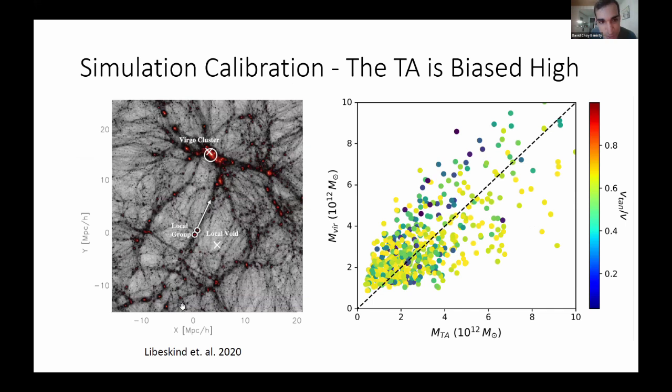Here you can see, for instance, an example by Lipskin et al., an example of an n-body simulation. When you run this kind of simulation for a long time, you can identify different halos, and you call these halos galaxies, okay? Because you know from the simulation accurately what the mass, velocities, and distances are.